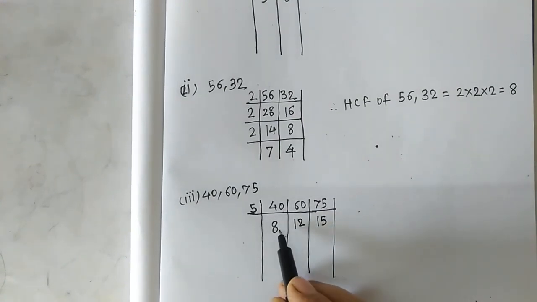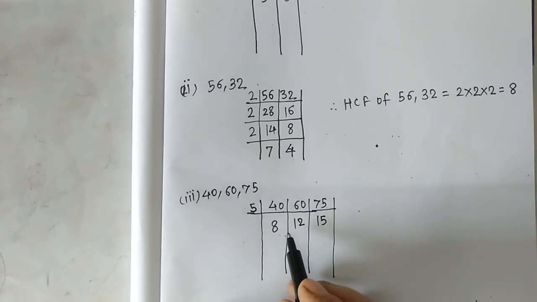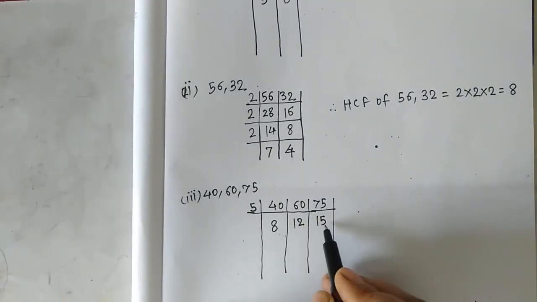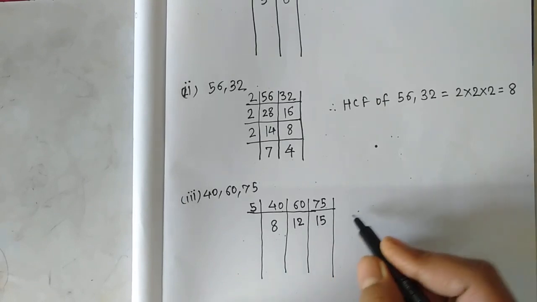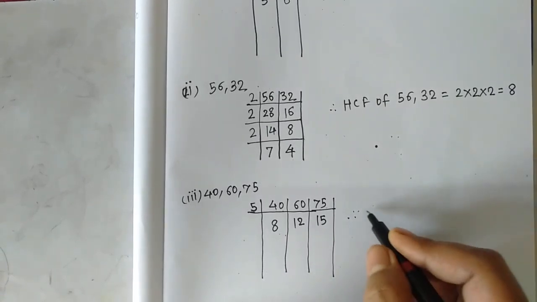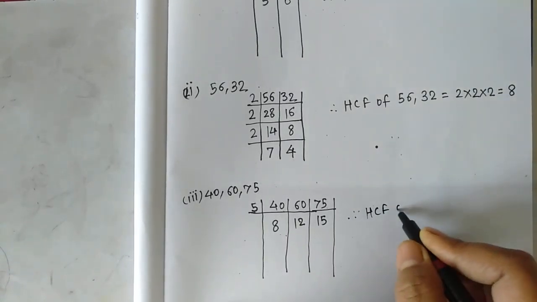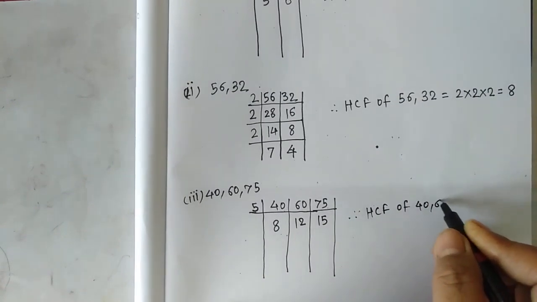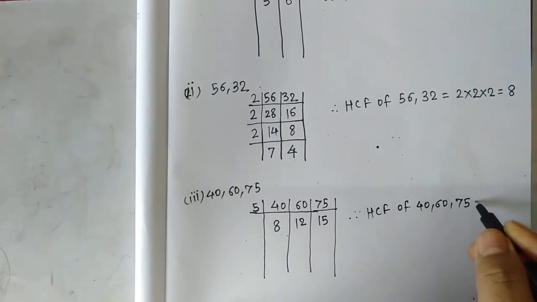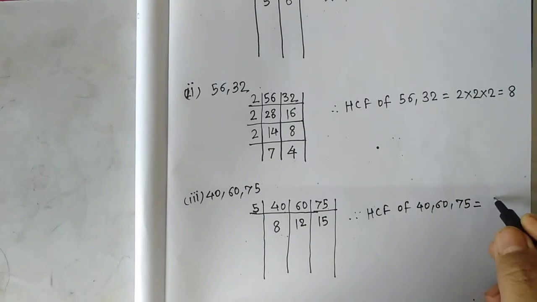So all these three numbers are not divisible by 2. So all these three numbers don't have any common factor. So therefore GCF of 40, 60 and 75 is equal to 5.